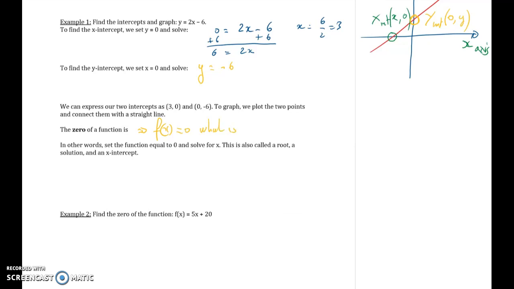What is the value of x that makes f equal to 0? By the way, what are we looking for? It is the x-intercept, right? The 0 of a function is the x-intercept.